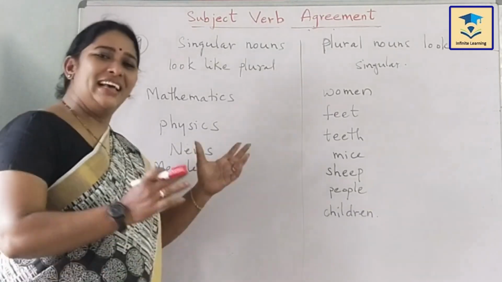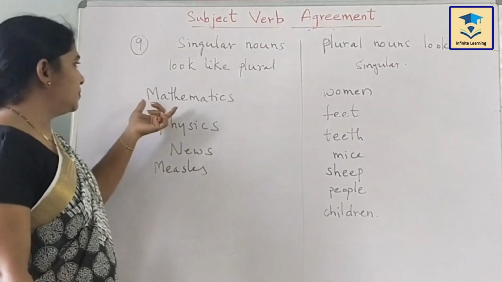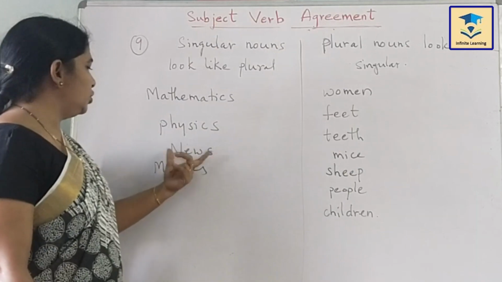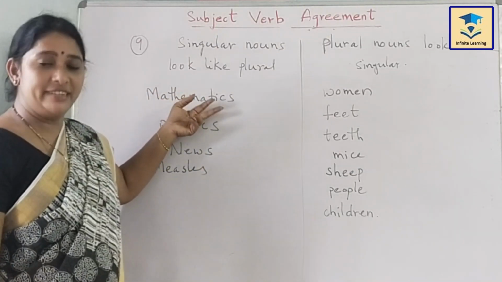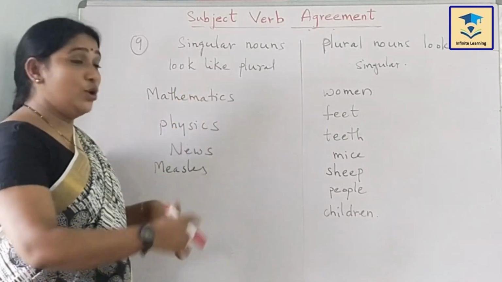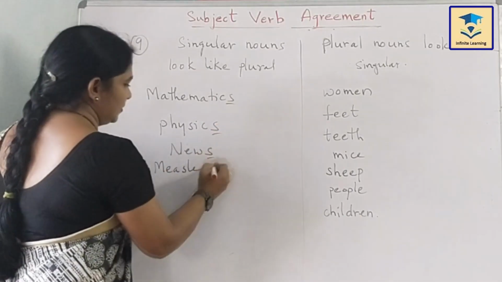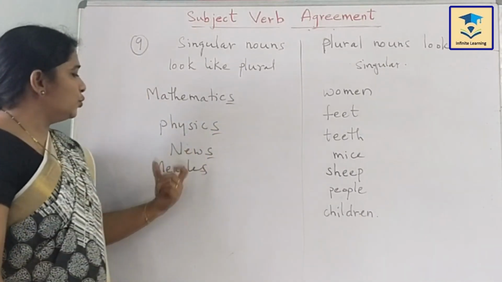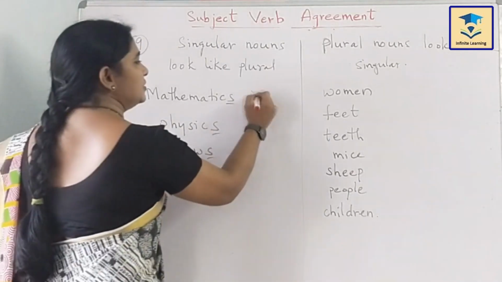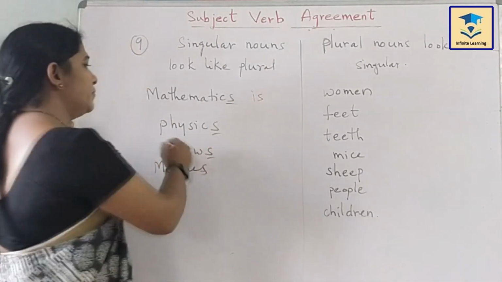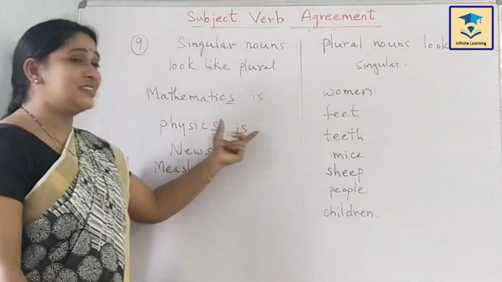Now see the last rule. Now observe these words. Mathematics, physics, news, measles. Mathematics is a subject. Is it singular or plural? Even though S is added at the end of all these 4, mathematics, physics, news, measles, these are singular nouns, they look like plural. Physics is interesting subject, not physics are.